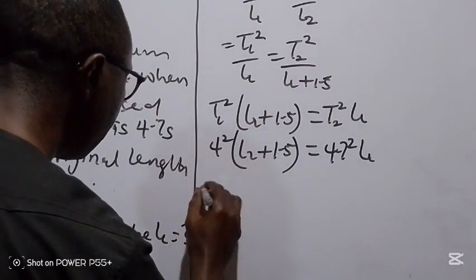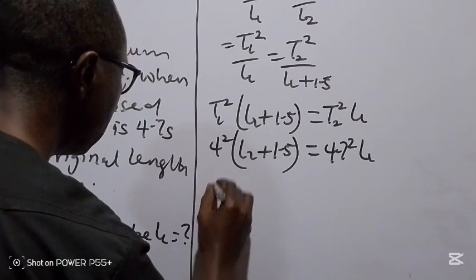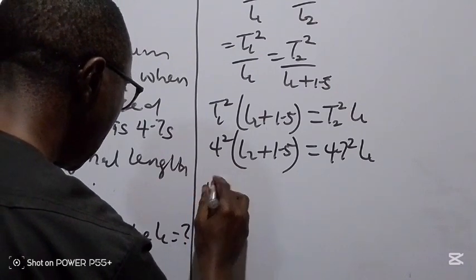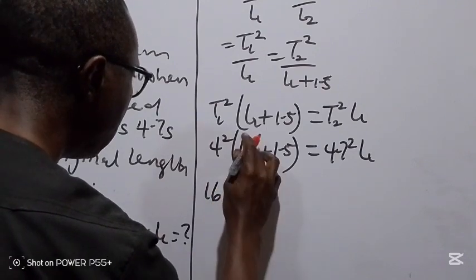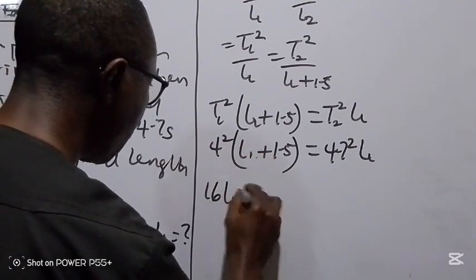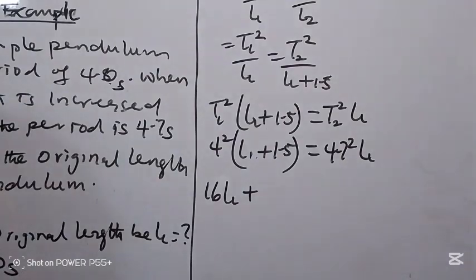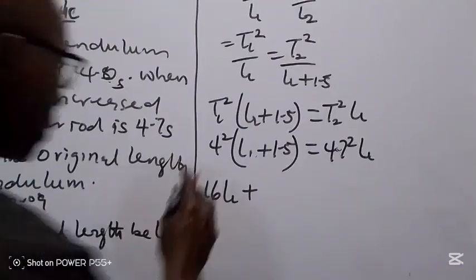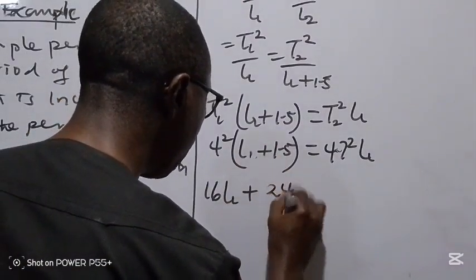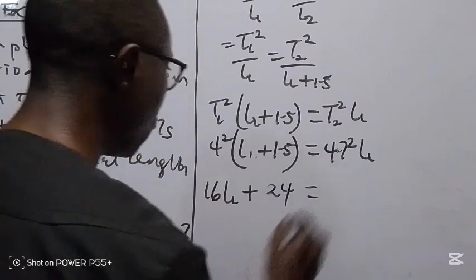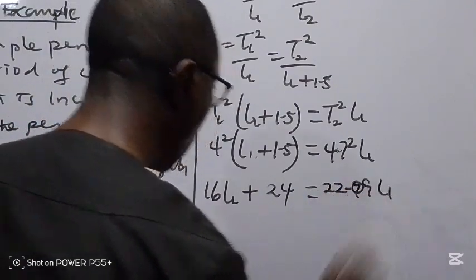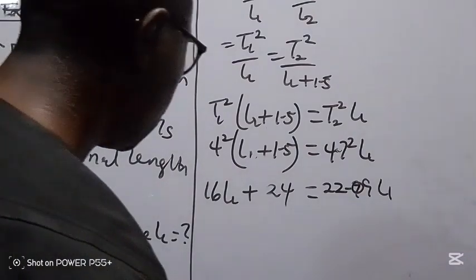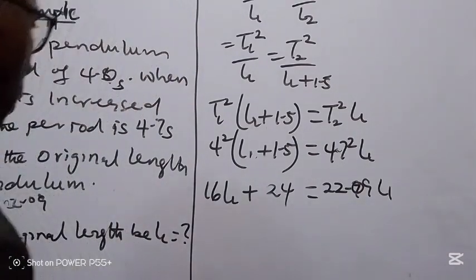We are going to have 4 squared, that will be 16 L1 plus 24 is equal to 22.09 L1.